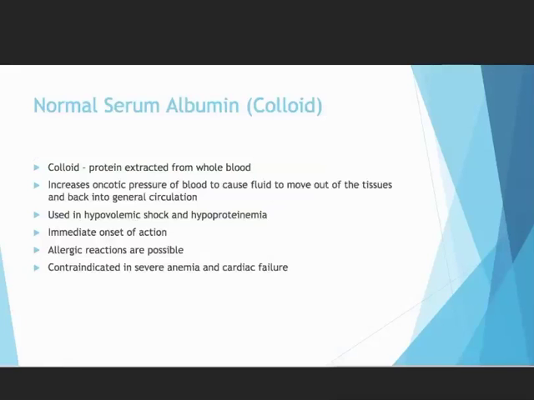It can cause allergic reactions, but in general we're trying to use something that's very synthetic or similar to a naturally occurring substance. And obviously this is going to increase plasma volume substantively, so it's going to raise blood pressure, and in turn it's going to raise heart rate. It's going to make the heart work harder, and so patients who would be contraindicated would be somebody who has cardiac failure because they won't be able to tolerate that increase for sure.